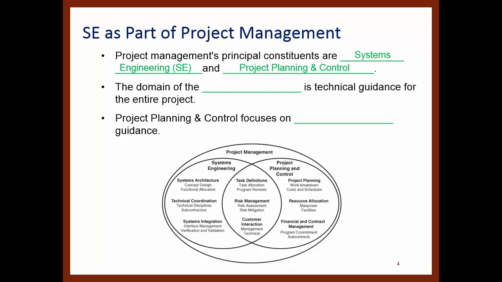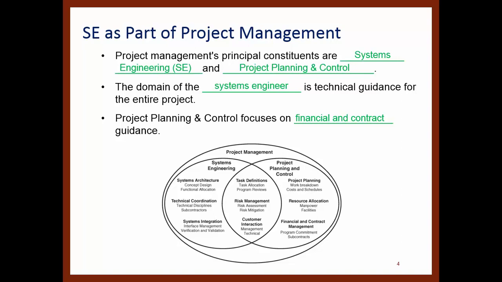So within the project management's principal constituents, we have project planning and control and also systems engineering. The domain of the systems engineer is technical guidance of the entire project. So again, we're focusing on the engineering component of the development. Project planning and control focus on financial and contract guidance.